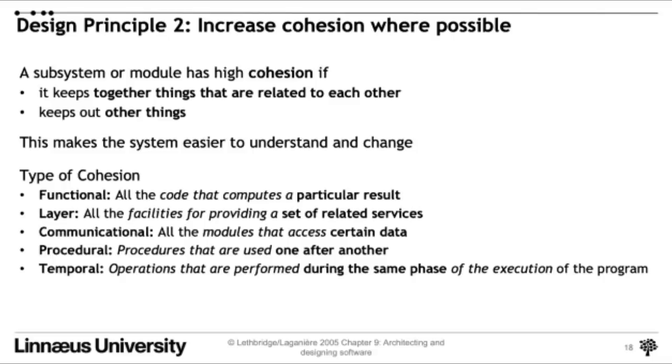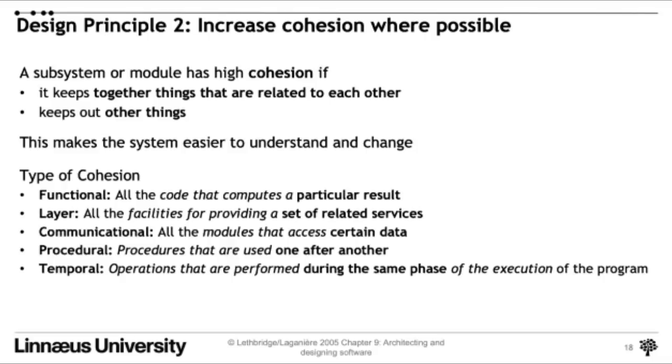It can be communicational. It means that all the modules that access a specific type of data are together. In Java, you might have a package containing all the classes needed in order to process a specific type of data.